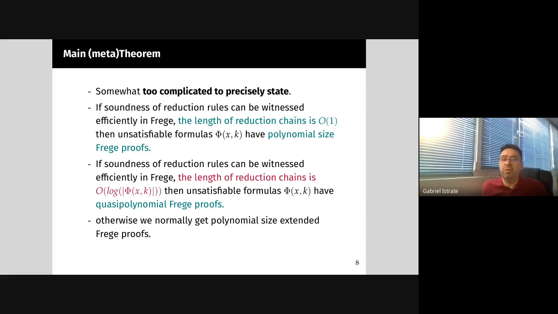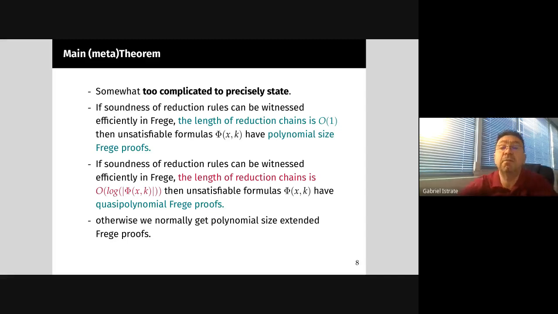And if you want quasi-polynomial proofs, then you can afford a reduction chain which is logarithmic in the formula size. And normally, simulating this idea along one chain will get you a polynomial size extended Frege proof if you confine your tree to have polynomial height.